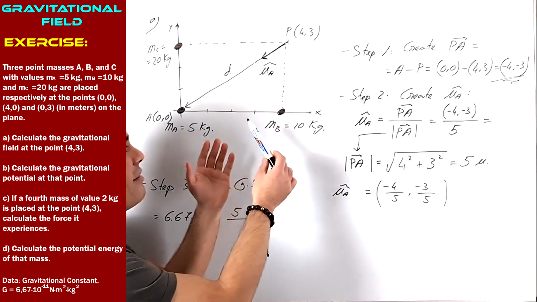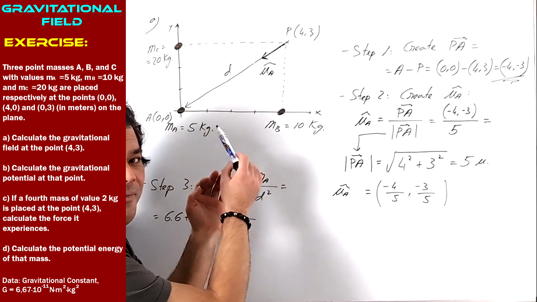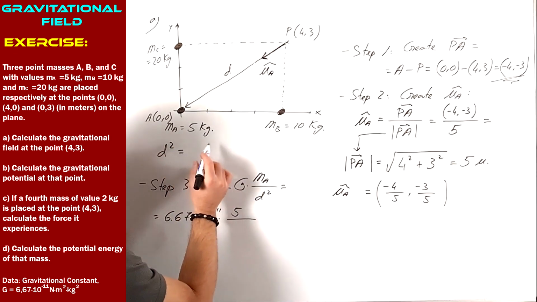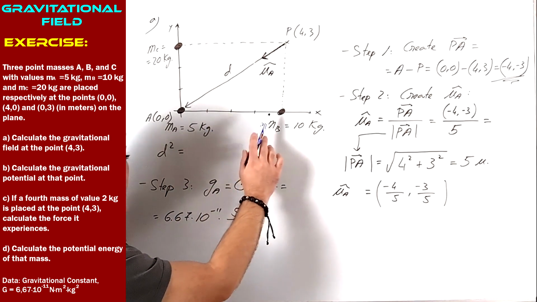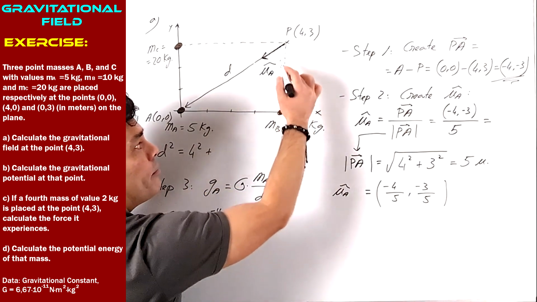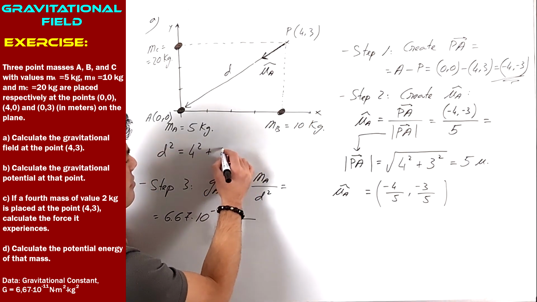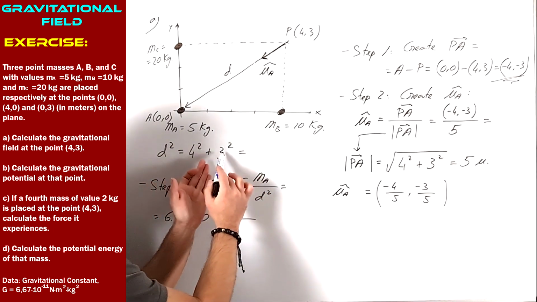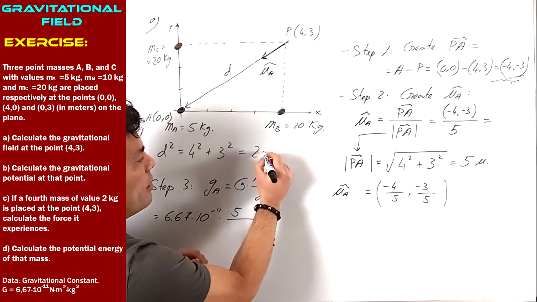And how are we calculating this distance? Naturally, using the Pythagorean theorem, which says that hypotenuse squared equals leg squared, 4 squared, plus the other leg, but also squared, 3 squared. This expression gives us 16 plus 9, 25.